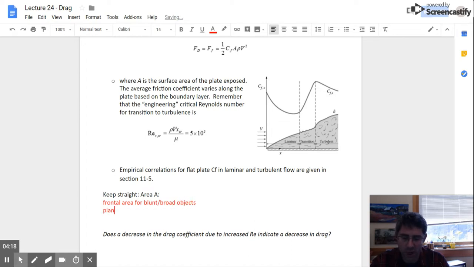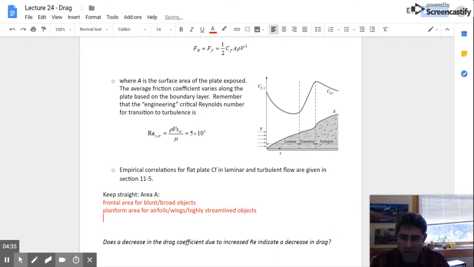It's going to be the planform area for airfoils, wings, or highly streamlined objects. And it's going to be the wetted or surface area of a flat plate.